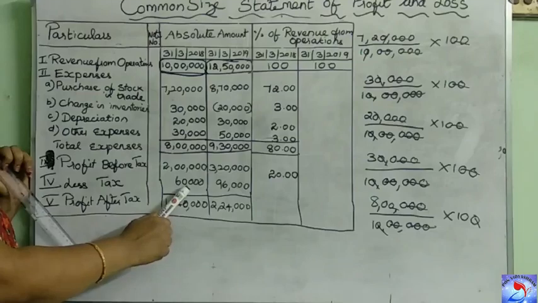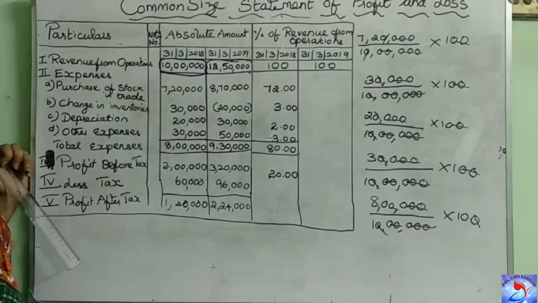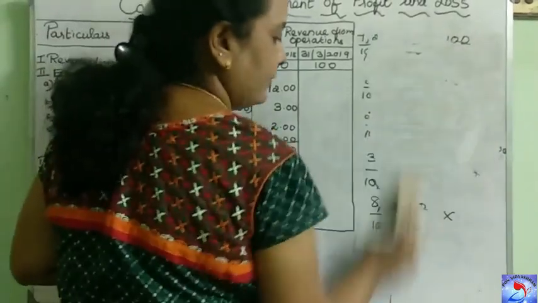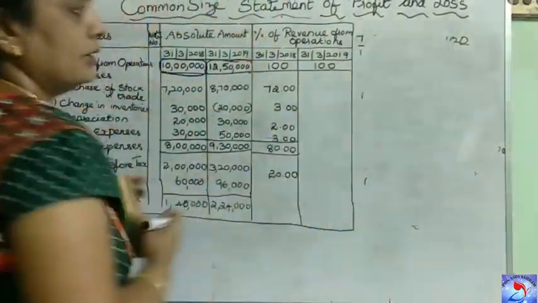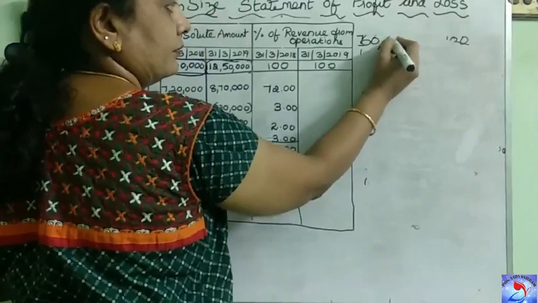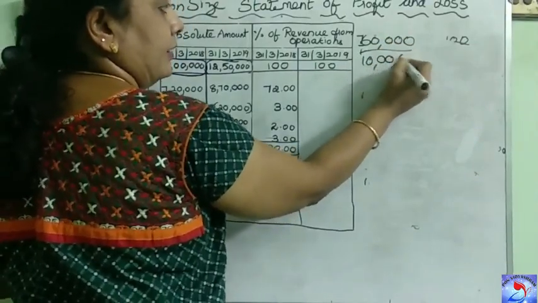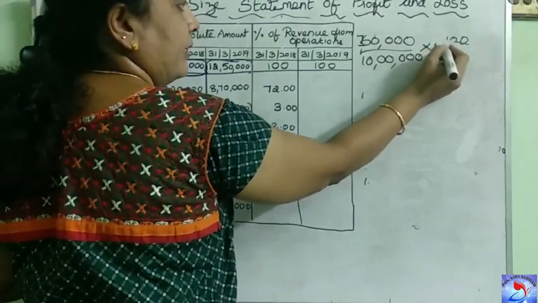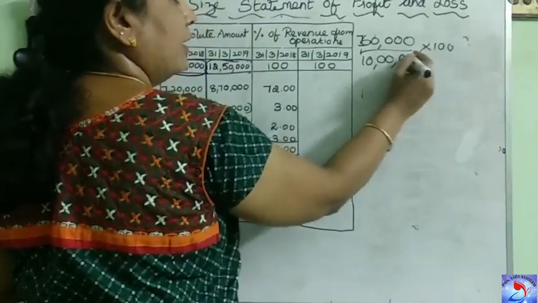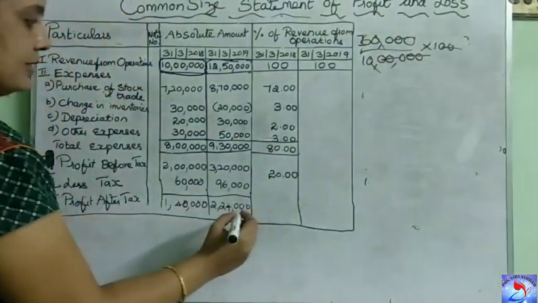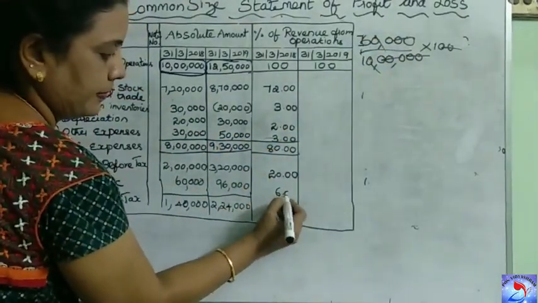So 60,000 divided by 10 lakh into 100 gives 6 as your answer.